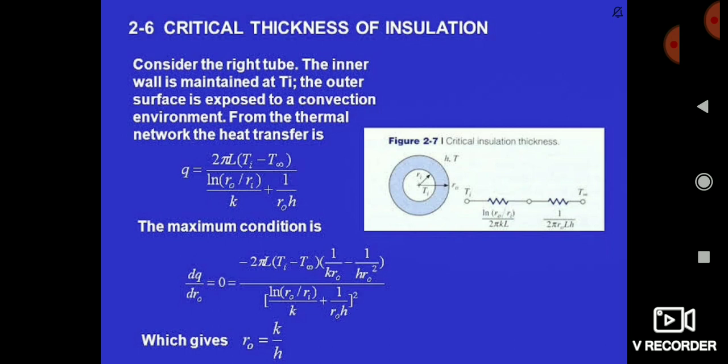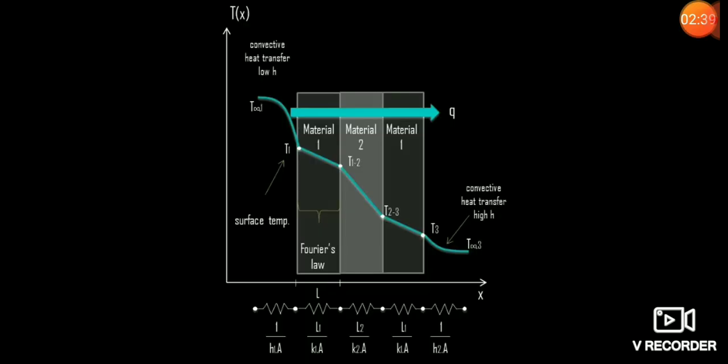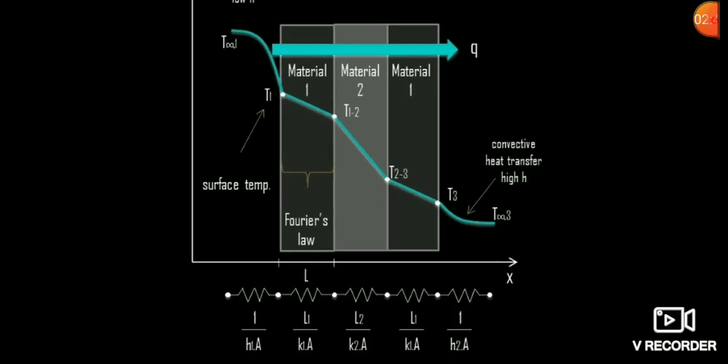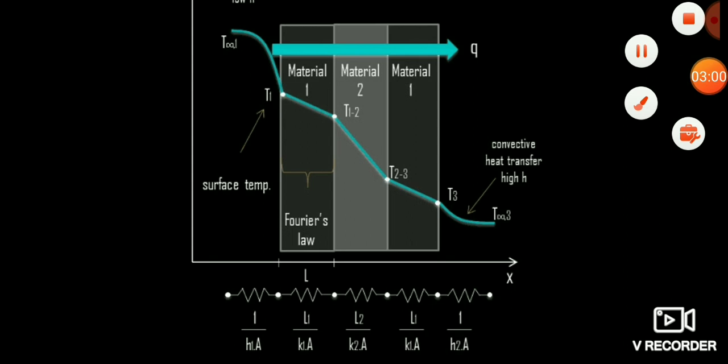Friends, you should remember this. Initially we have studied both the cases, how to calculate the resistance when both convection and conduction are taking place. In this case we calculate when conduction and convection both are taking place in the material. Then we are simply using 1 by H1A1 plus L by KA, means K1A, we are simply calculating both and then adding.